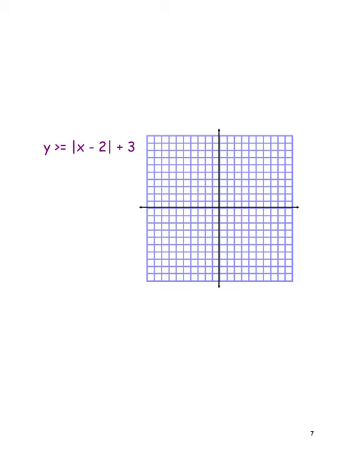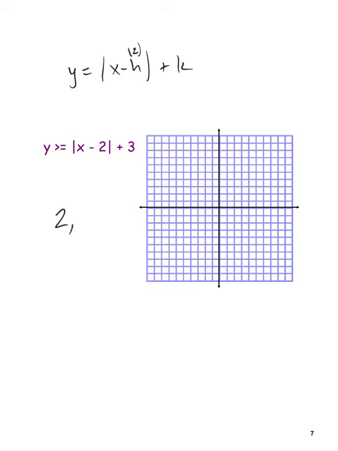Now we have a greater than or equal to, and we have the absolute value of x minus 2, plus 3. So what we're going to do here is, again, look at where our vertex would be. With the equation, I'll just write it as an equal statement. My vertex, since it's a -2, means that this would have to have been a positive for h.